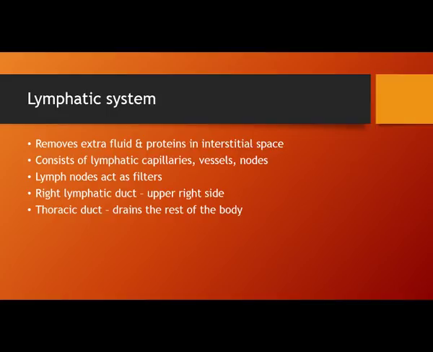So the lymph system is going to drain quite a bit of that fluid as well. The lymph system consists of lymphatic capillaries, vessels, and lymph nodes. The lymph nodes are filters that filter out some of that debris.